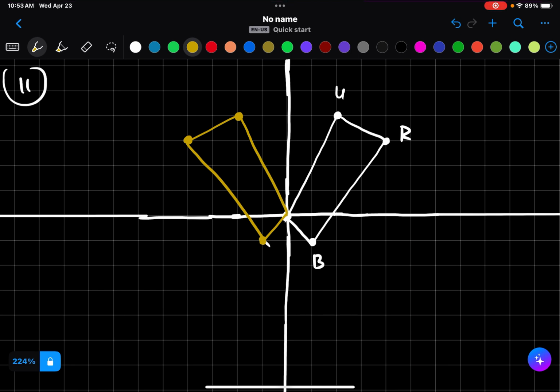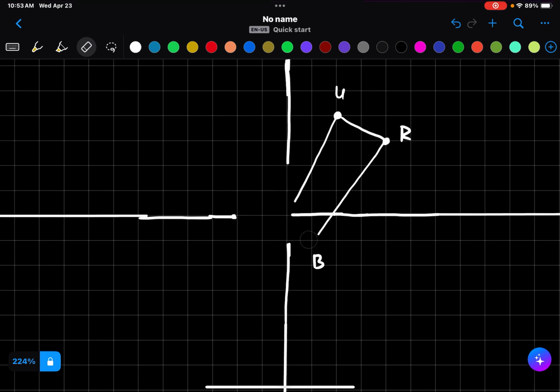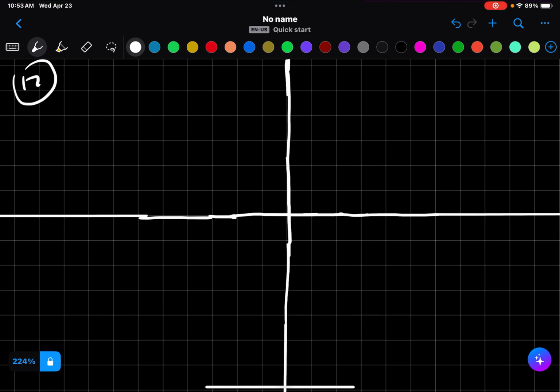So pause it if you need to, and we're going to move on and do the last one. For number 12, should have zoomed in earlier. All right, so here for number 12, you have point B, which is this one.